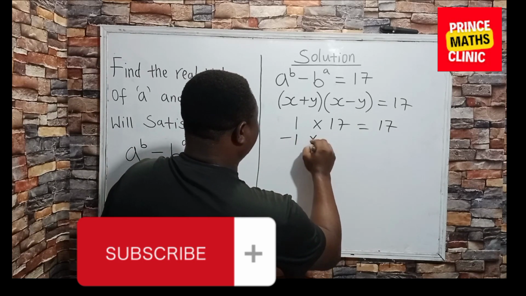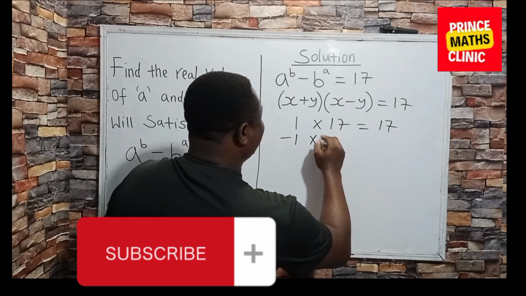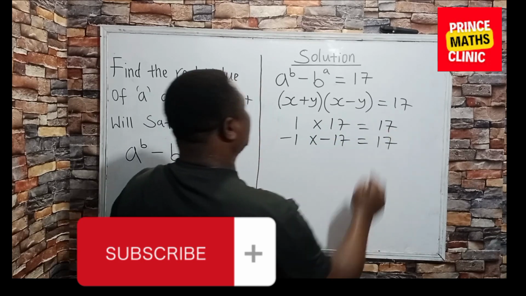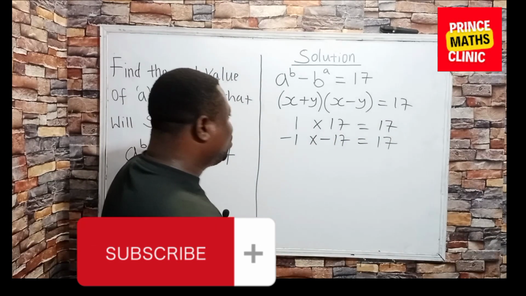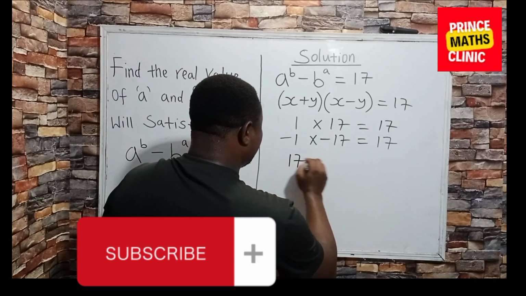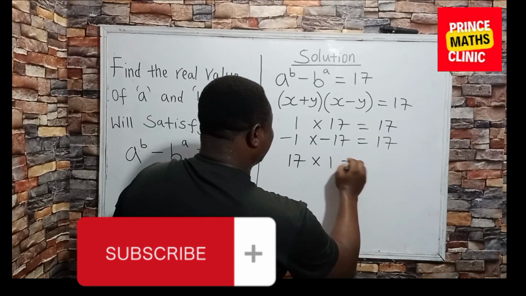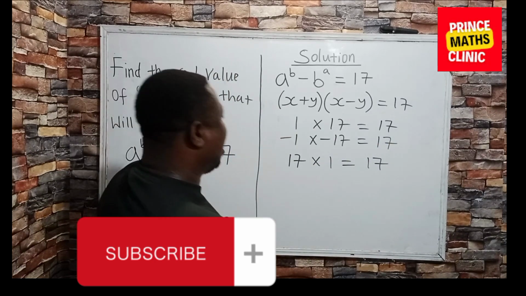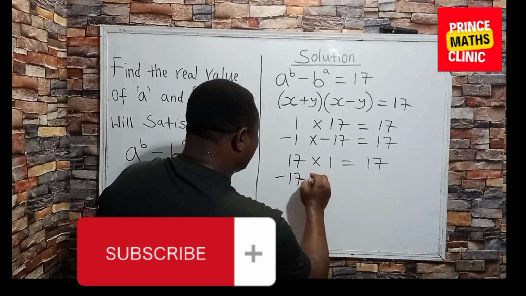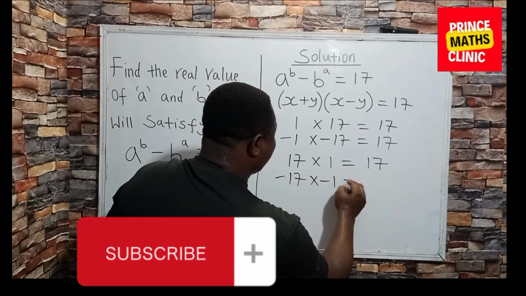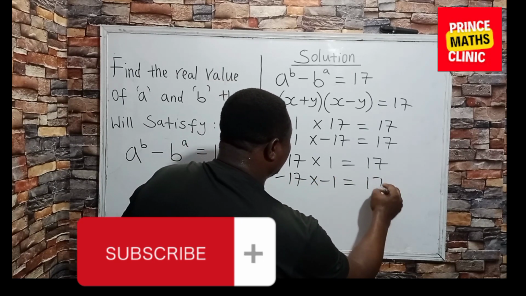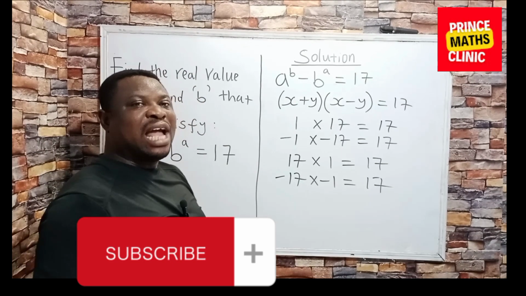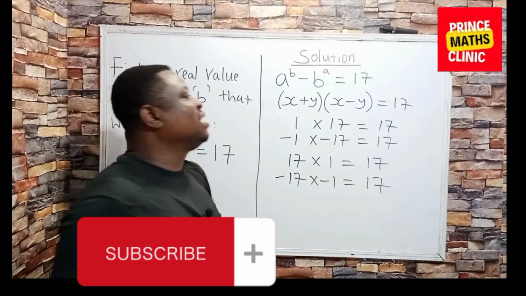Minus 1 times minus 17 will give us 17. Also, 17 times 1 will give us 17. And minus 17 times minus 1 will also give us 17. We have 4 cases that can give us 17.